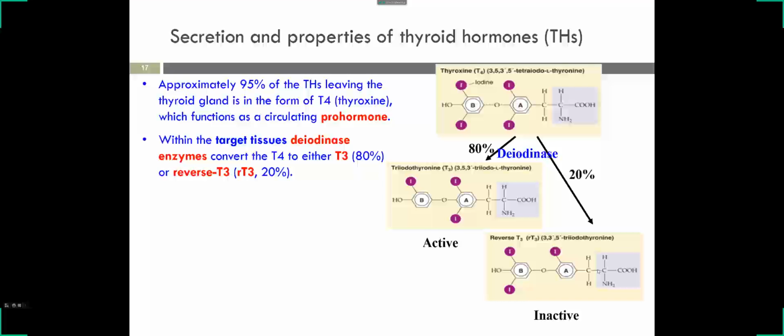So T4 is secreted by the thyroid as a prohormone. Then in the local tissue, another enzyme called deiodinase converts it to either T3, the active form, or RT3, inactive.